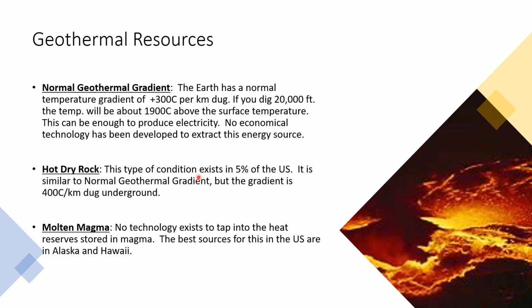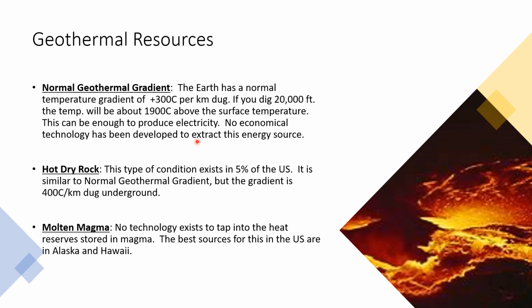Okay, so normal geothermal gradients. That gradient means as you dig into the earth, you're gonna get the temperature increase, and that temperature increases every kilometer you dig. You get 300 degrees Celsius up. So if you dig to 20,000 feet, you get 1900 degrees Celsius of temperature at that level of the earth.